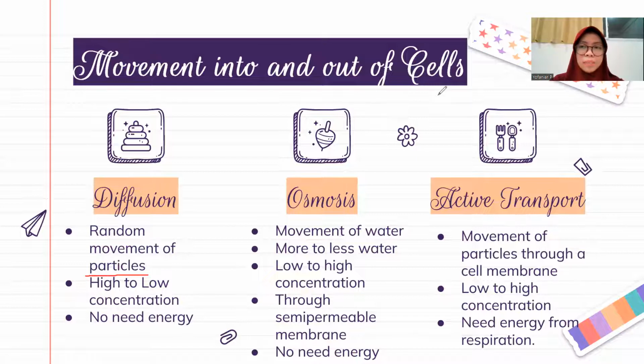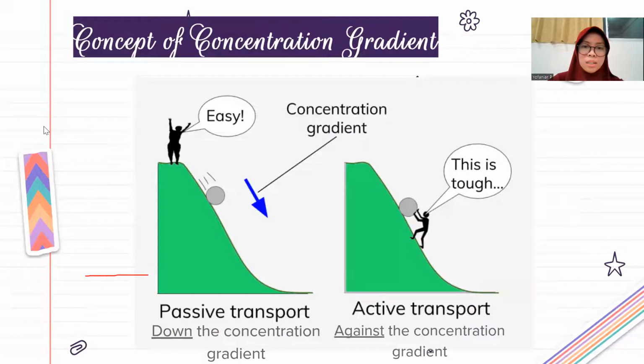Talking about the concentration, let's take a look at the previous slide. Oh, sorry, this one. This image, I hope, can help you to understand the concept of concentration gradient. What does gradient mean? I think you have found it in a math topic. In Indonesia, we call it kemiringan.